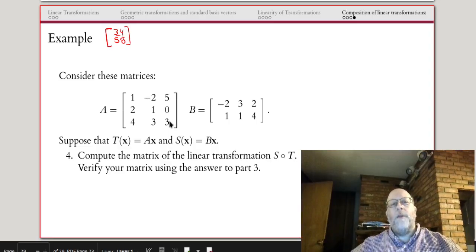We're going to compute the matrix for this linear transformation S composed with T. All right?